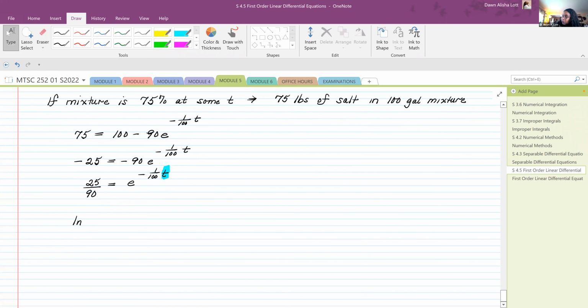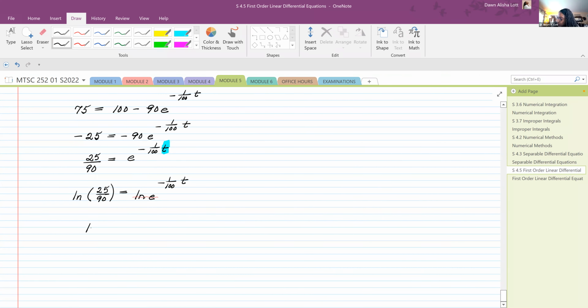The natural log of 25 over 90 is equal to the natural log of e to the negative 1 over 100 t. Oh, there we go again. Those inverse functions, we like it. So the log of e just gives us the exponent. So we get the natural log of 25 over 90 is equal to negative 1 over 100 t.